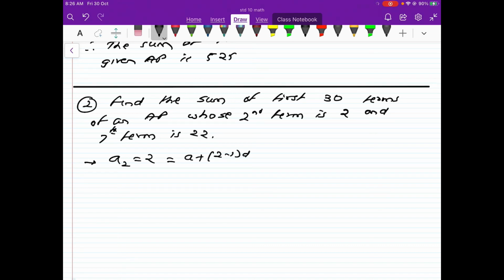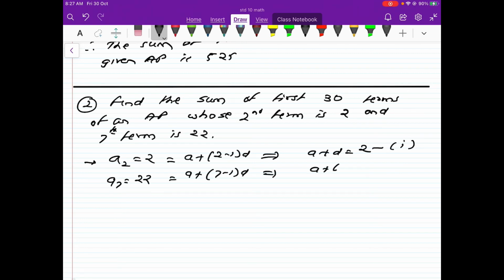We neither know a nor d. So this becomes a plus d is equal to 2. This I will write as equation number 1. Now the seventh term is given to us as 22. Writing it in the formula, seventh term means a plus (7 minus 1) into d. So the second equation is a plus 6d is equal to 22.